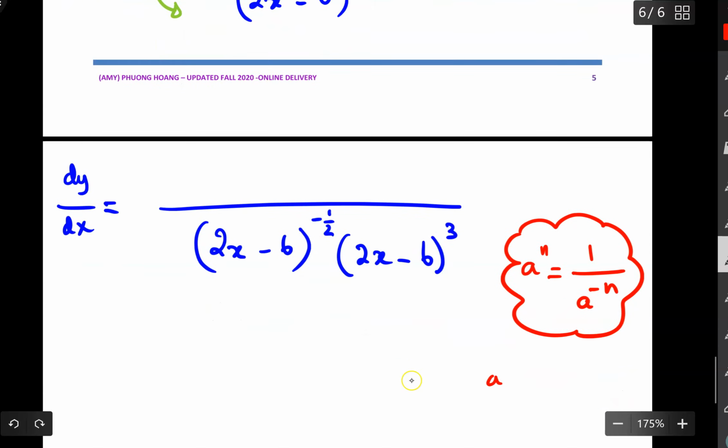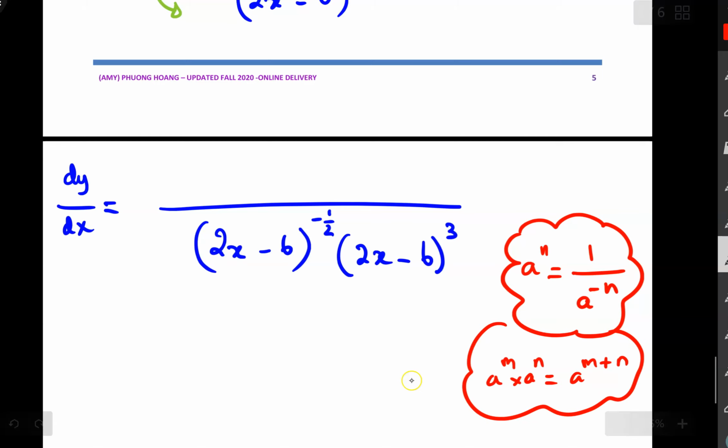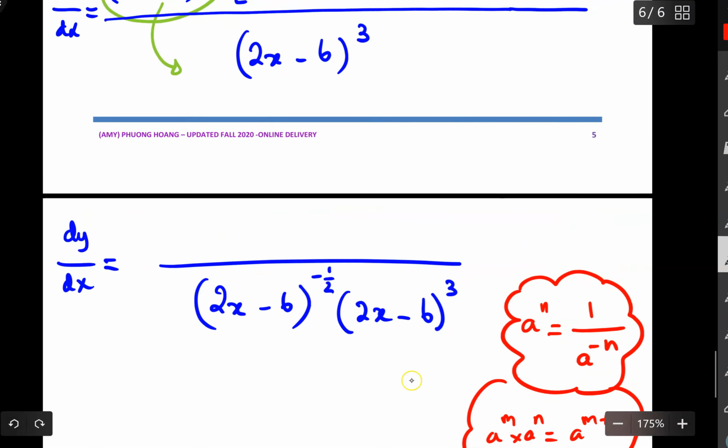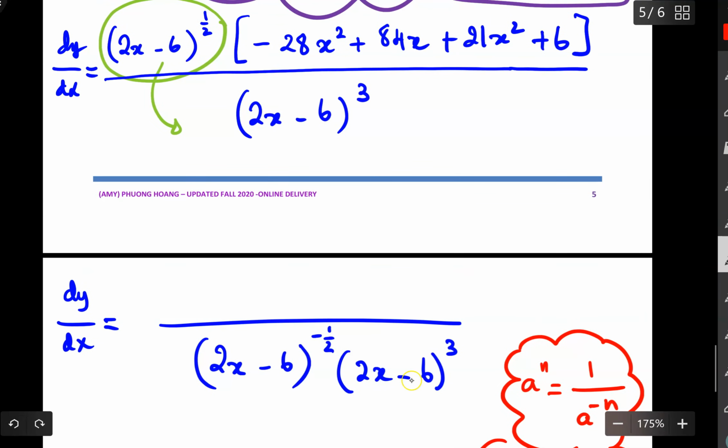I also apply another exponents formula here. So in this case, I will add this 2 exponent, because then you see that I will take negative half plus 3. Alright, so let's simplify the top, because I know that I can combine these two like terms. Okay, so combine those two like terms, I will have negative 7x squared plus 84x plus 6.